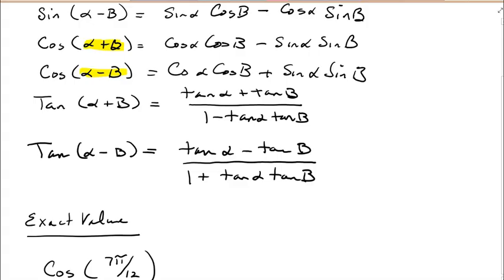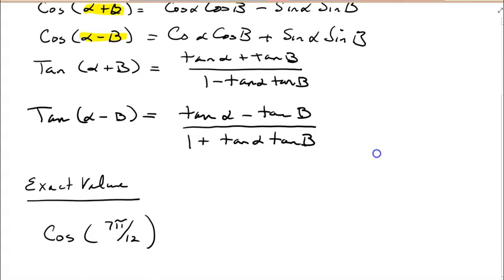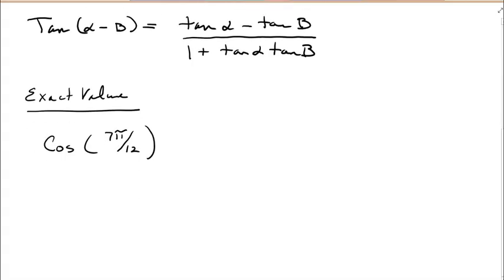Now, because they need to be angles that I can easily get the trig values of, the angles that we want to work with are going to be angles such as pi over 6, pi over 4, pi over 3, pi over 2.